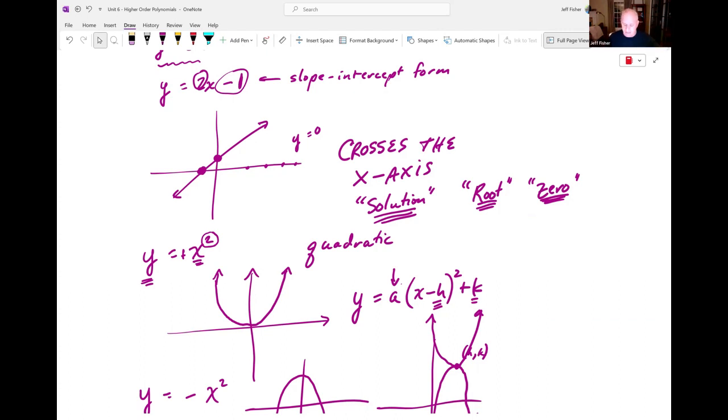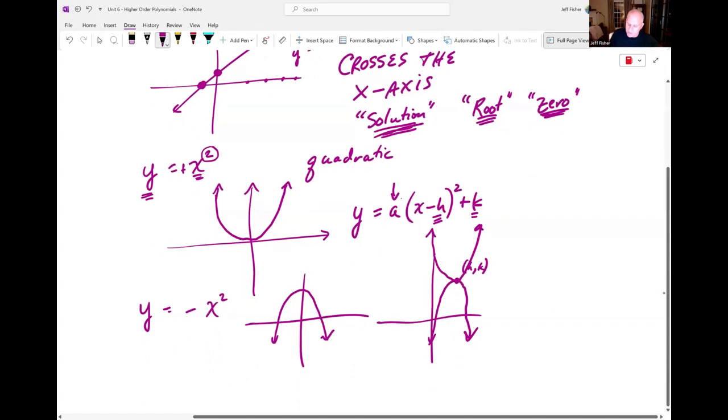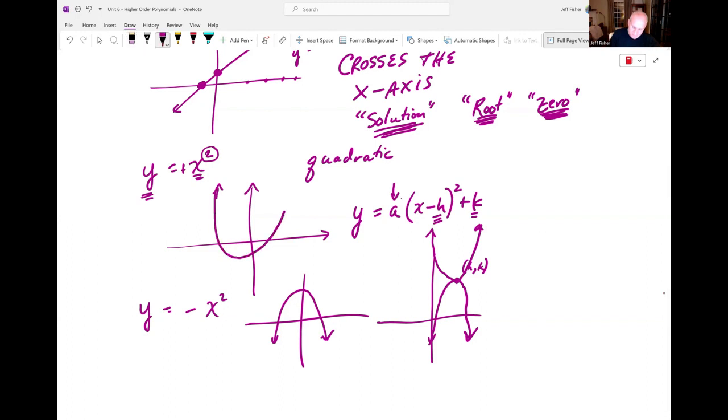In every case, when we talk about the solutions or the roots or the zeros, it's that place where the graph crosses the x-axis. And you can see in this one, it doesn't cross the x-axis.